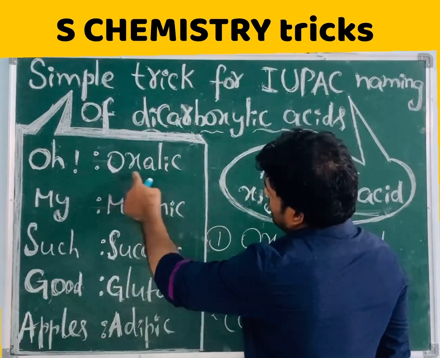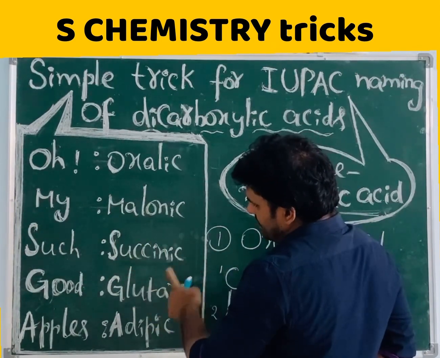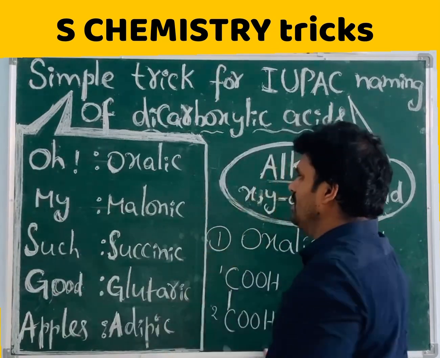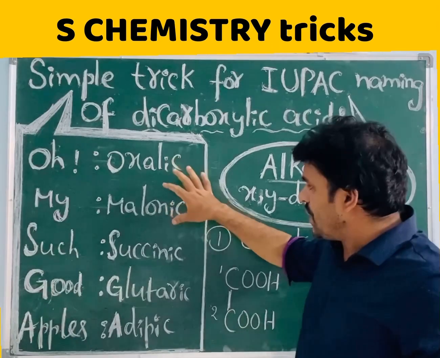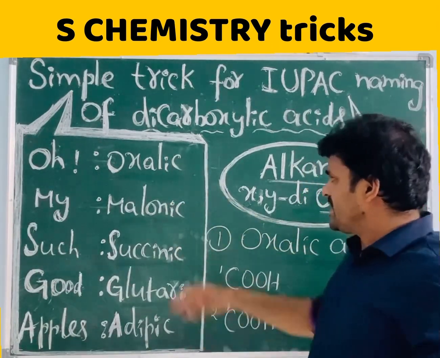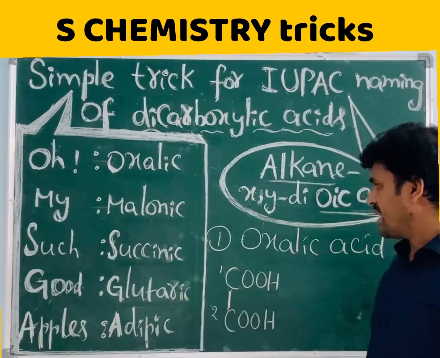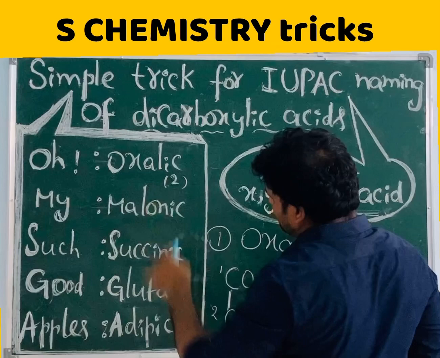The first one is oxalic acid, the second is malonic acid, the third is succinic acid, the fourth is glutaric acid, and the fifth is adipic acid. So students, first of all, what is the difference between these dicarboxylic acids? Oxalic acid indicates a 2-carbon dicarboxylic acid.